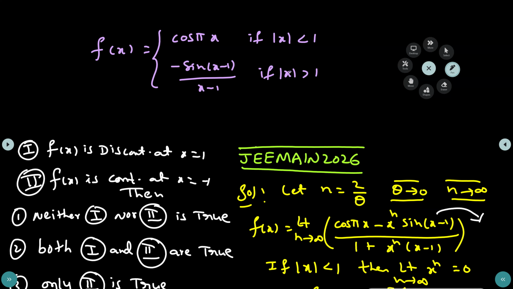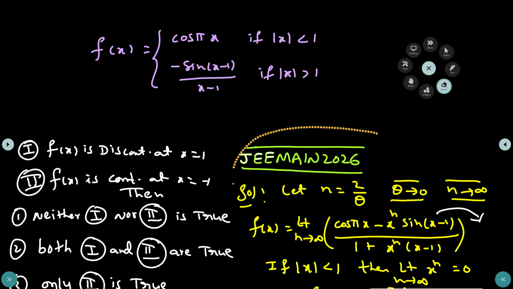Now check continuity for x equal to 1 and minus 1. Now it's very simple. First you observe the limit at 1 minus.